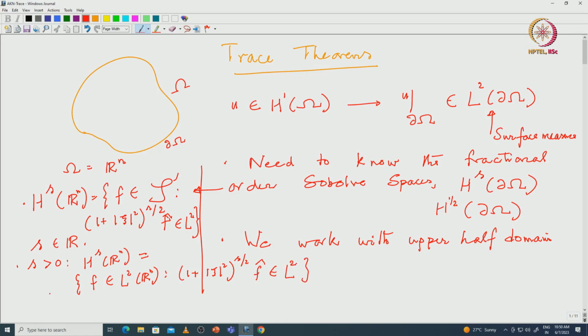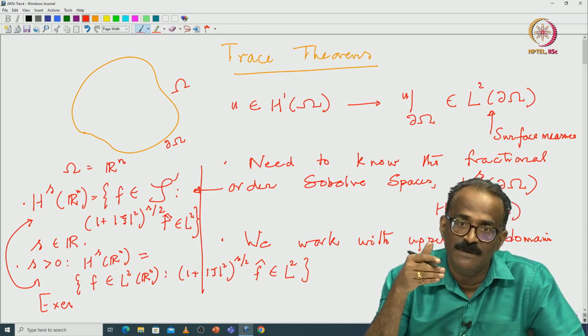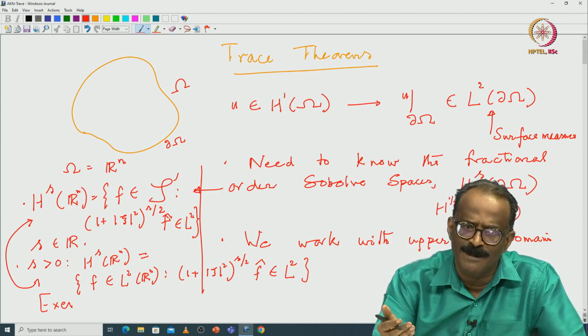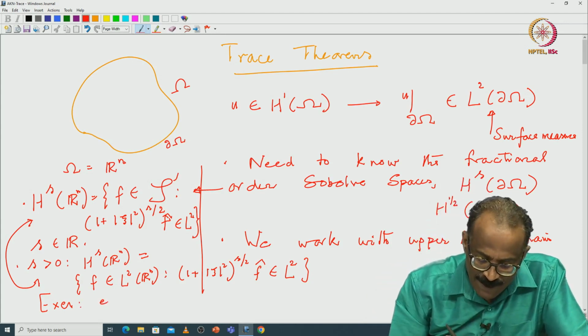So, as a small exercise you can show both these definitions are equivalent. That means if you start with a tempered distribution and (1 plus mod psi squared) whole power s by 2 times f hat is in L2, then trivially f hat is in L2, which will imply f is in L2. So, prove it as an exercise.